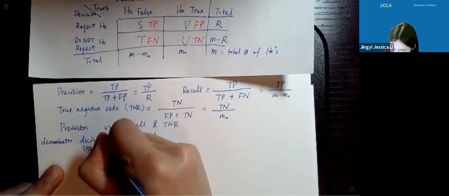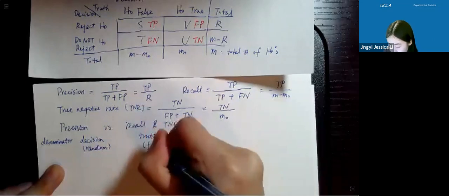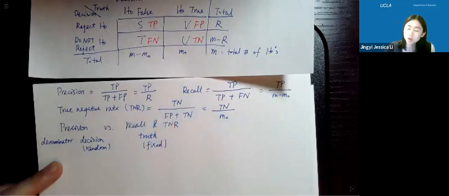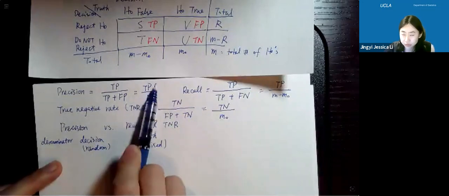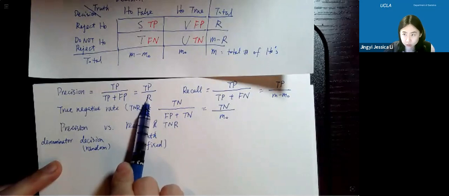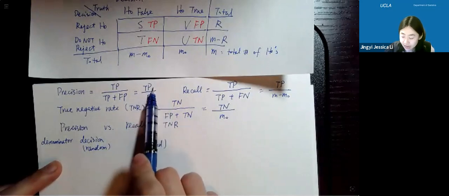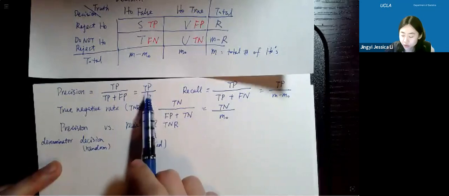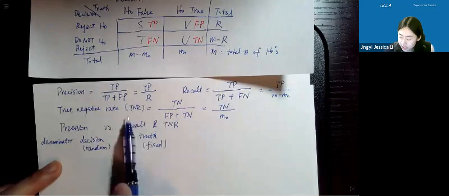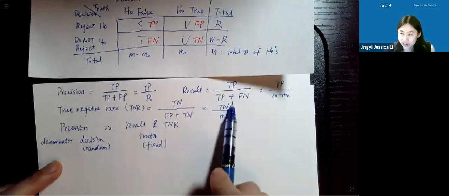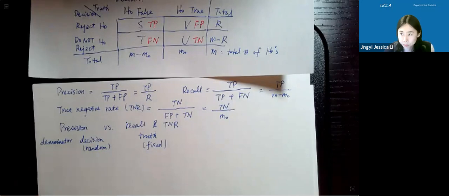While in the frequentist paradigm, we consider the truth to be fixed. The natural consequence is that if we do statistical analysis on the precision, it's a lot more difficult because both the numerator and the denominator are random. Two random quantities. But if we consider recall and TNR, only the numerator is random, but the denominator is fixed.